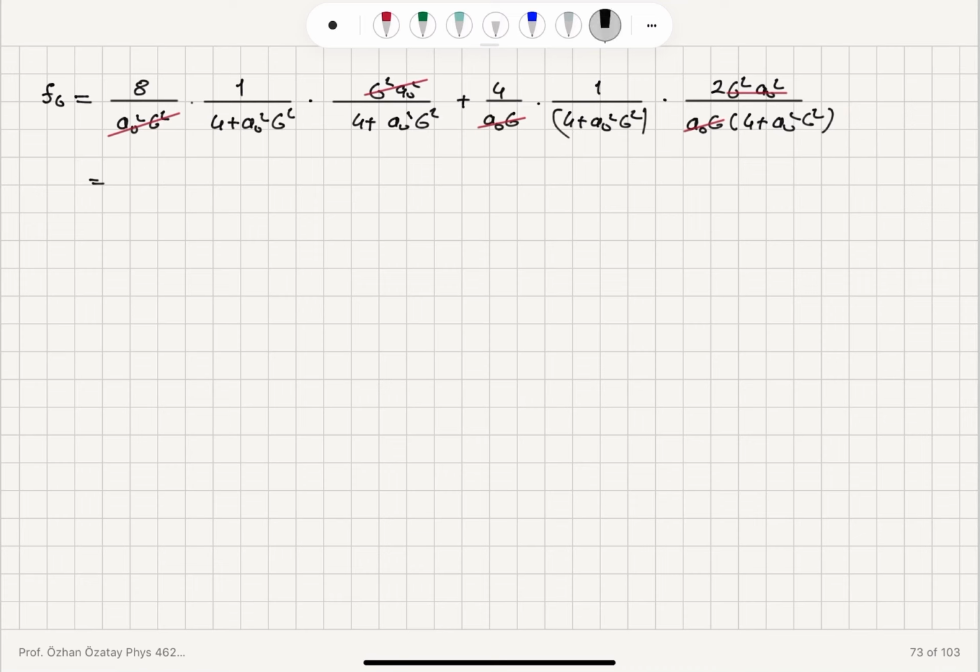So the answer is 16 divided by 4 plus A0 squared G squared, parentheses squared.